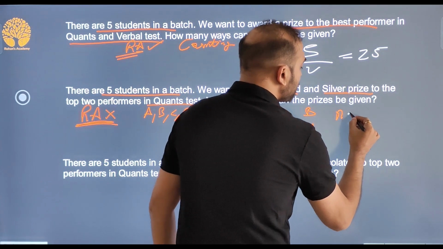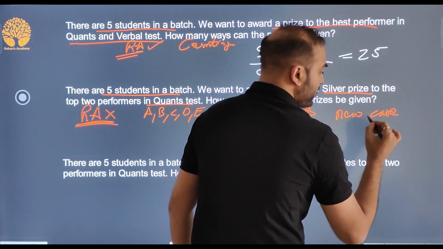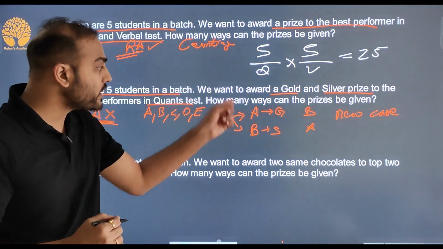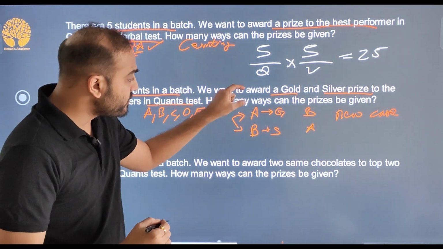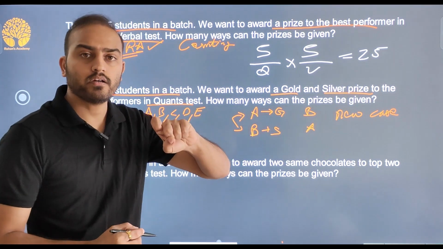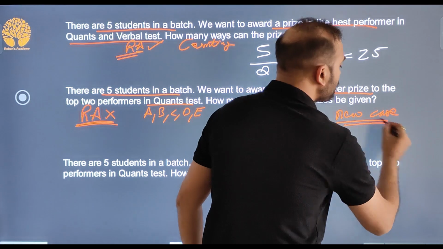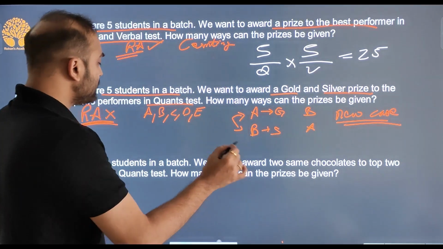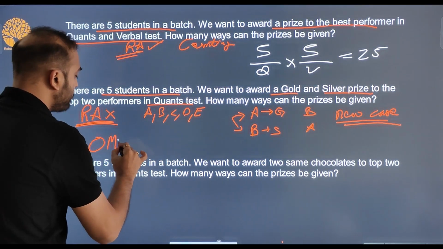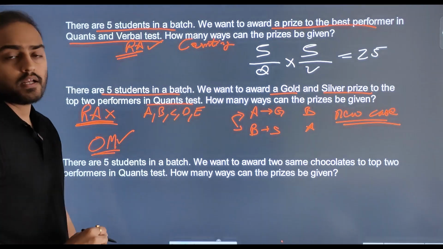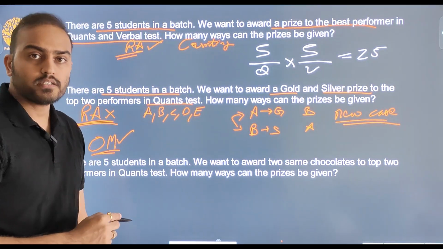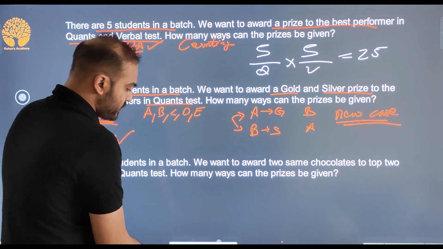Because it is a new case or new scenario, what do we say? The order matters, because the moment I changed the order in which A and B occurred, I got a new scenario. So order matters, and since the order matters, we will use permutation.